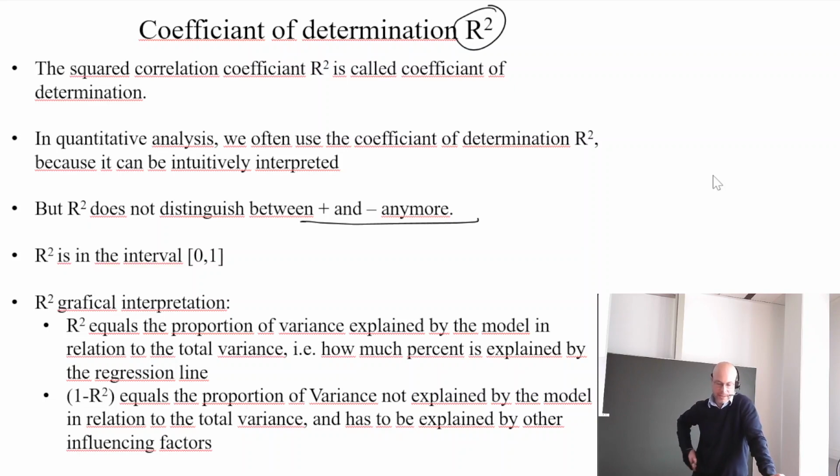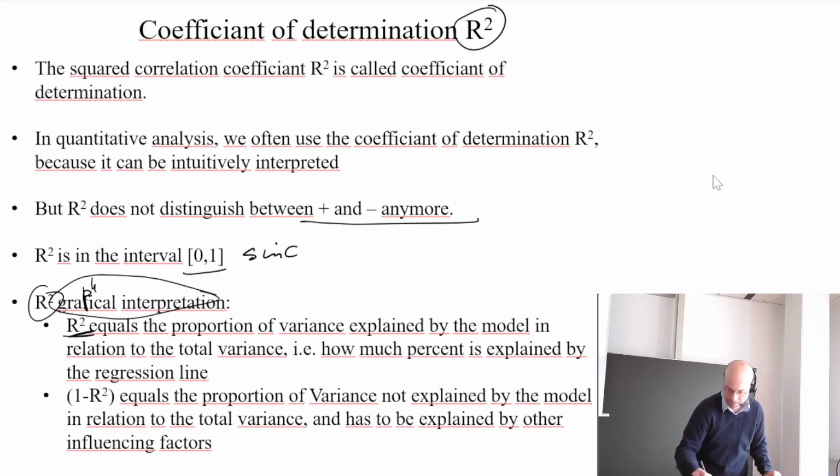The reason for this is that this r squared has a quite nice graphical interpretation. So with r, we only can say, well, it's high, it's low. But if r is in between -1 and +1, then of course r squared has to be within the interval 0 to 1, since r is an element of -1 and 1.